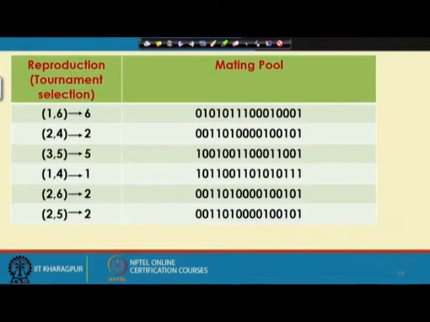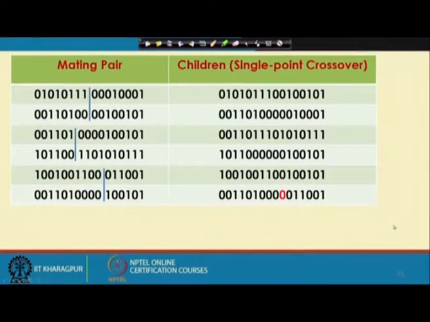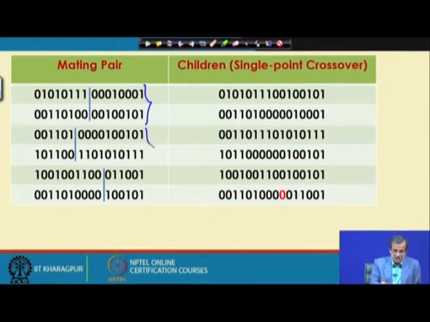So, that has to be avoided. Now, once you have got this particular mating pair, I can write it down. This is the first mating pair, this is the second mating pair and the third mating pair.